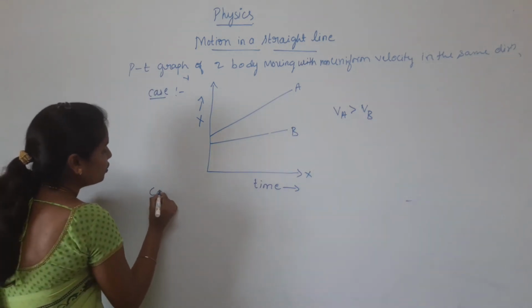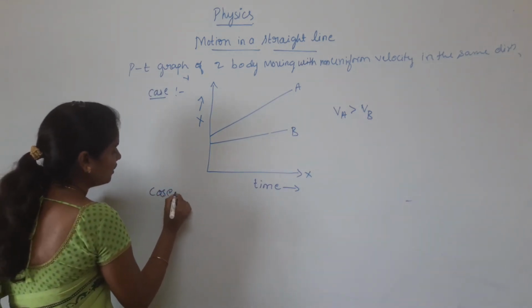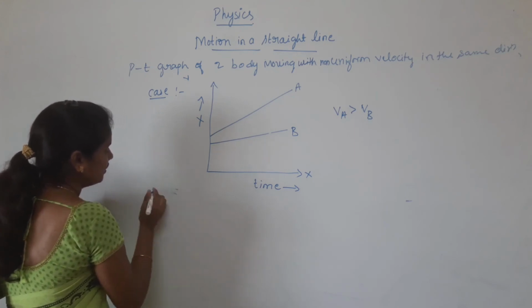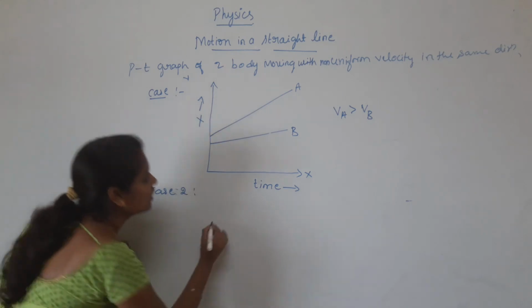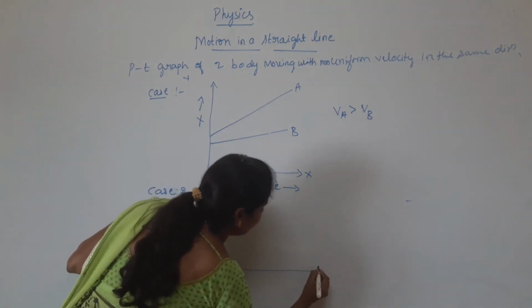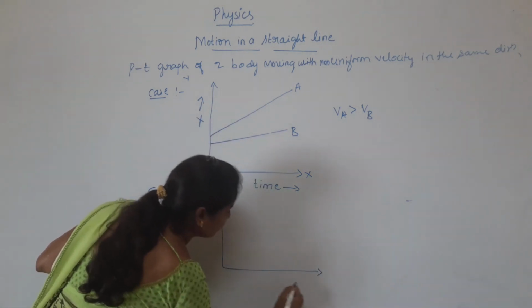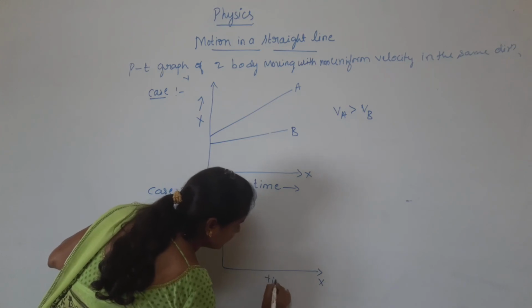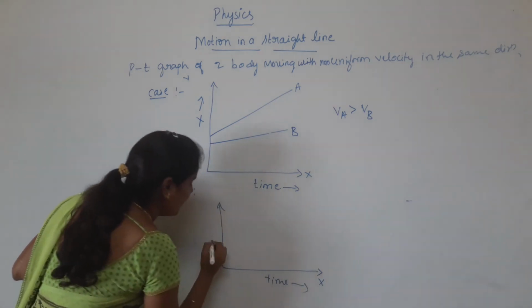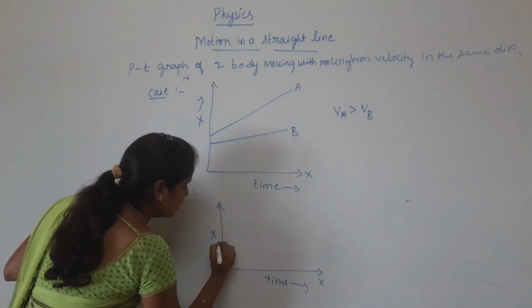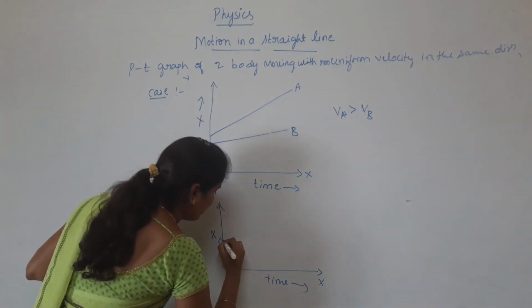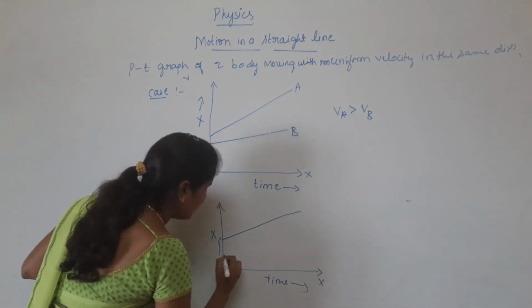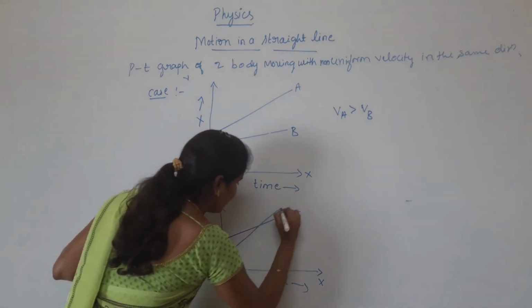And case number 2. Here also take the x-axis as time and the y-axis as position. In this graph, body A is like this and body B is like this.